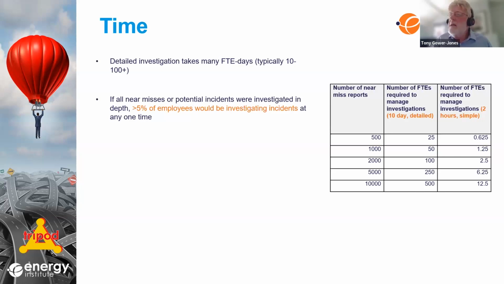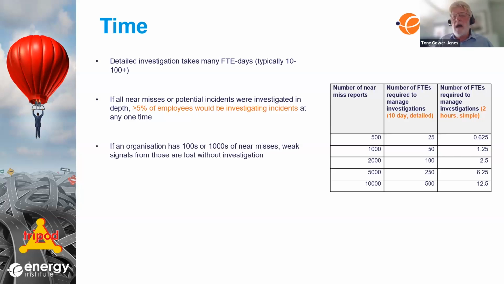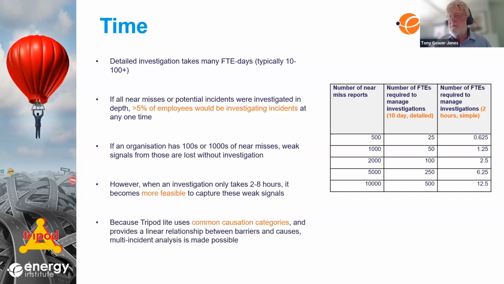So that's why we're working on this target of about 2 to 4 hours, so that you can get some information out of those hundreds or thousands of near misses. And it only becomes feasible when we can capture those weak signals. Now, Tripod Lite has common causation categories in the immediate cause, the job factors, and the underlying causes.